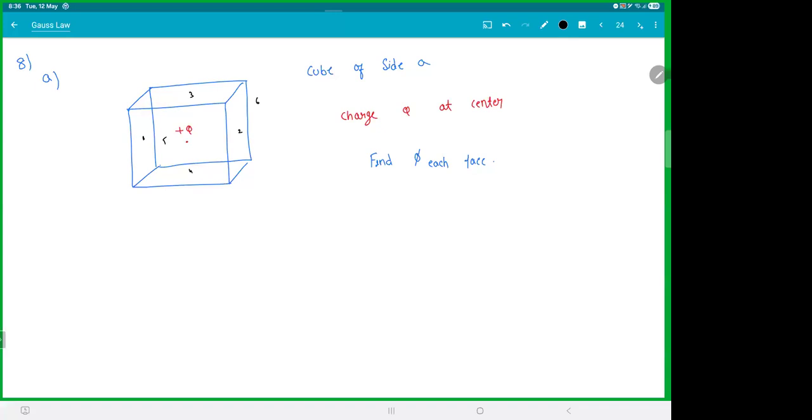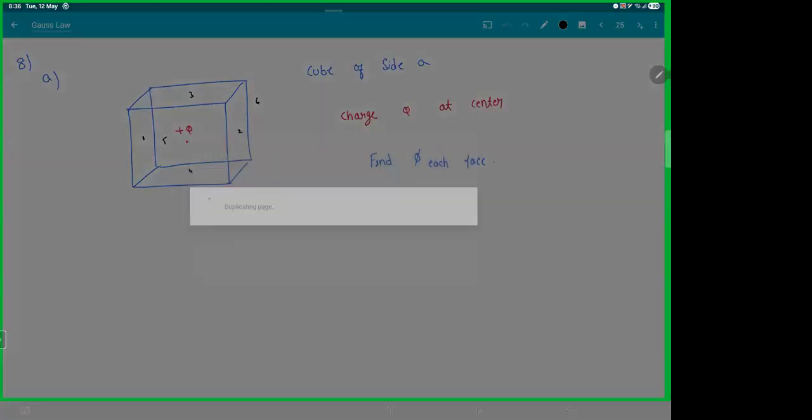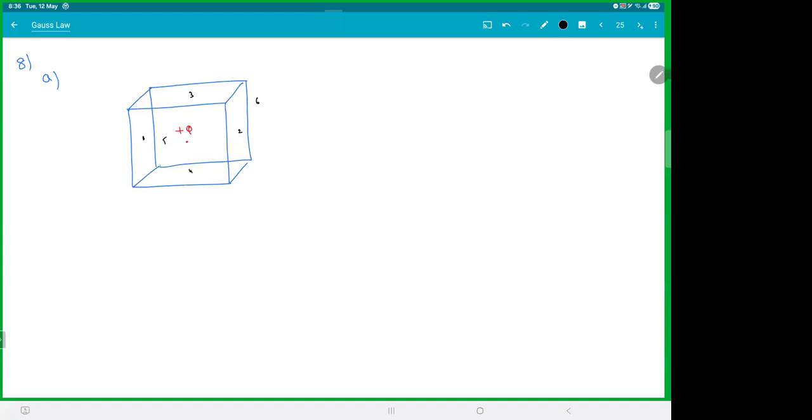This one is an easy one. First thing, you kept a charge q inside of the cube.